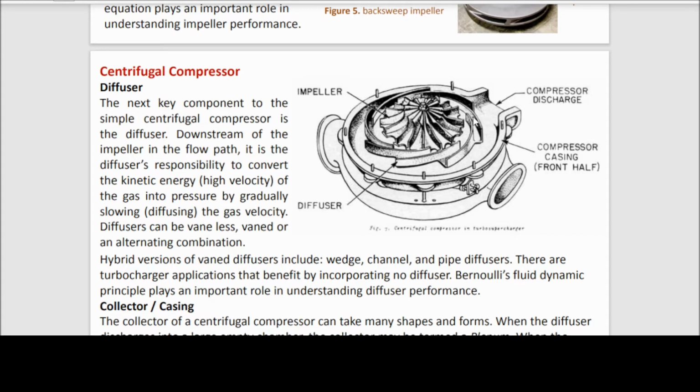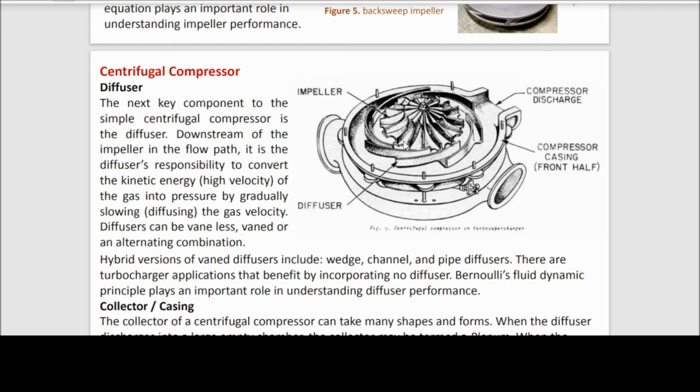Here also the area is lesser here and bigger at this portion. Now you can see the mass conservation equation, rho 1 A1 V1 is equal to rho 2 A2 V2. Now if density is constant, A1 V1 is equal to A2 V2, that is AV is equal to constant.